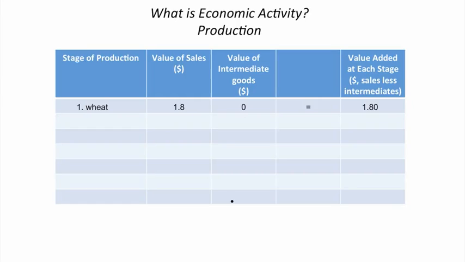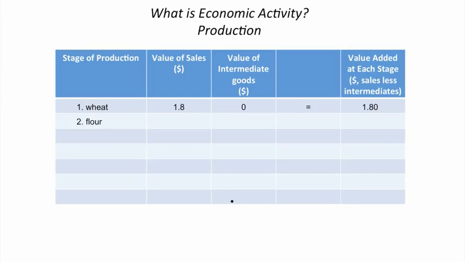Now, value added simply means what has happened to the value of the resources as a result of this production stage. Here, the wheat farmer has taken resources with no value and by selling the wheat on has produced resources with a value of $1.80. The value added at this stage of the production process is that $1.80.